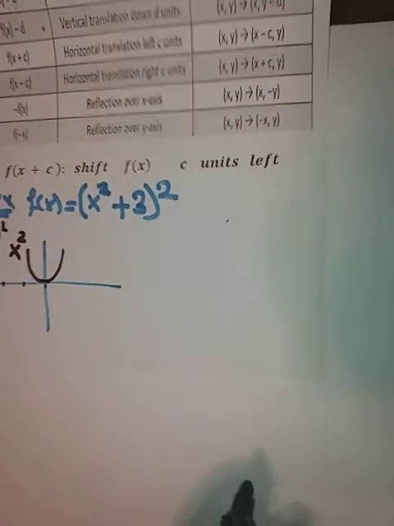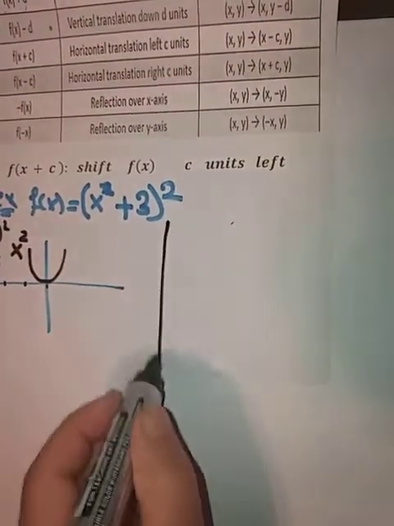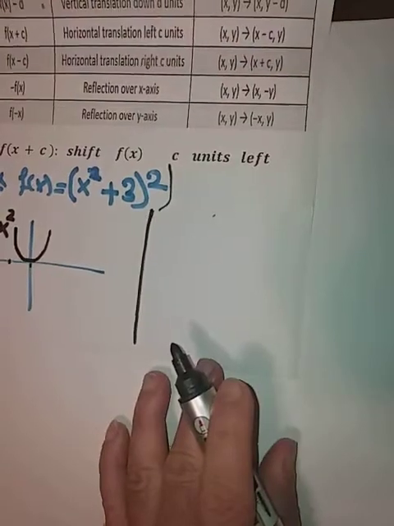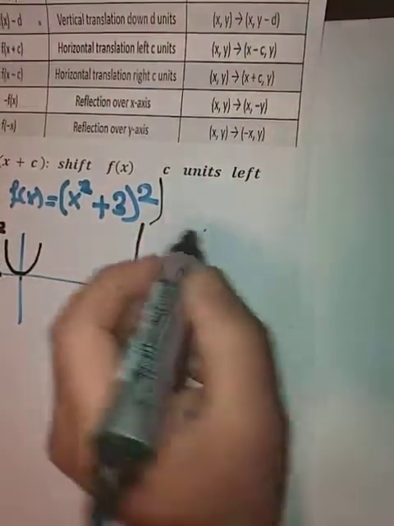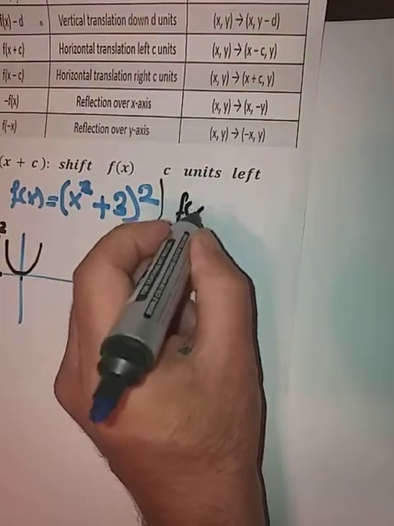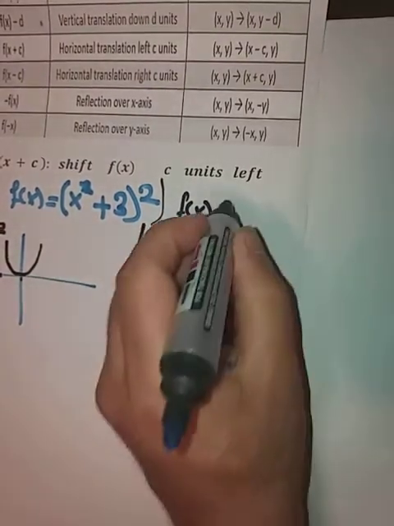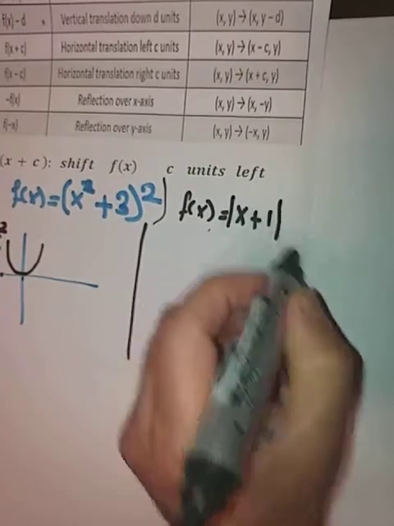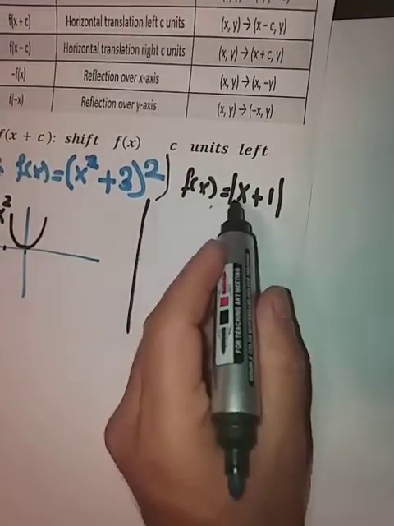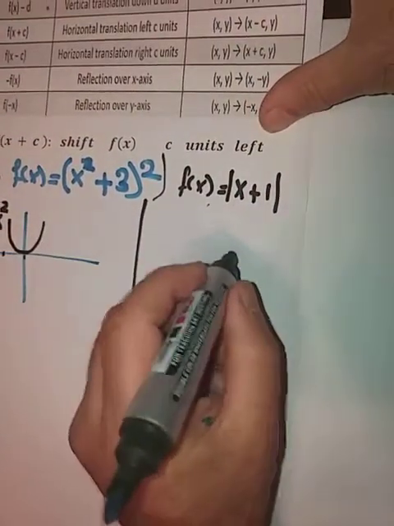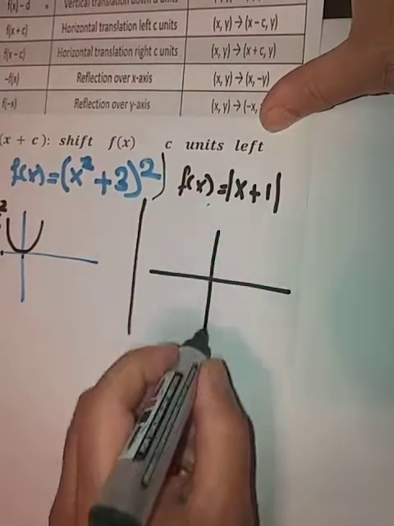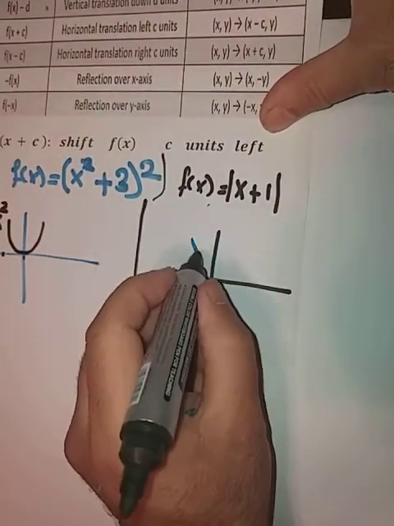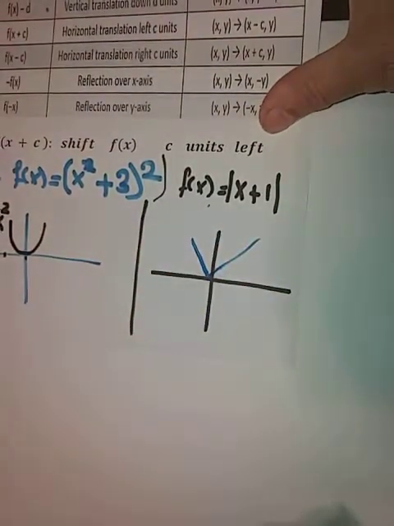If you need another example, another parent function, we have f of x equals absolute value of x plus 1. As you know, the graph of absolute value is V shaped, this one.